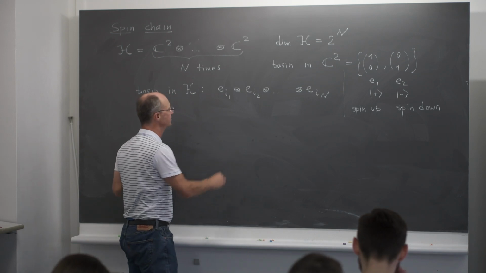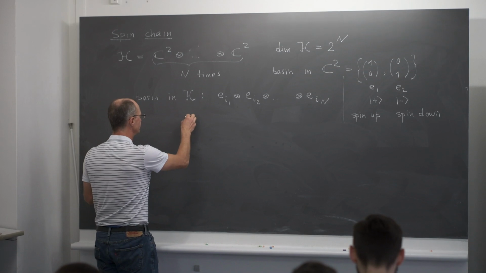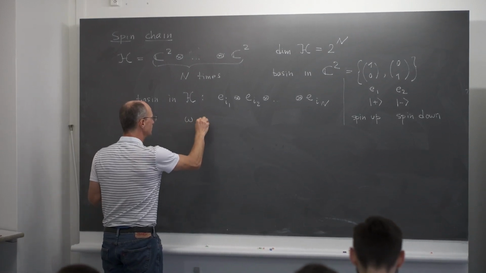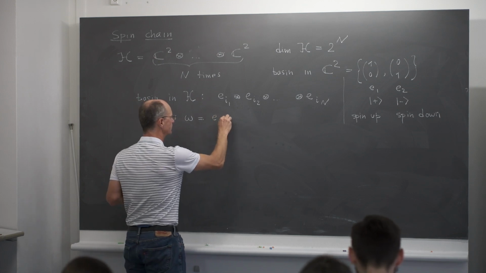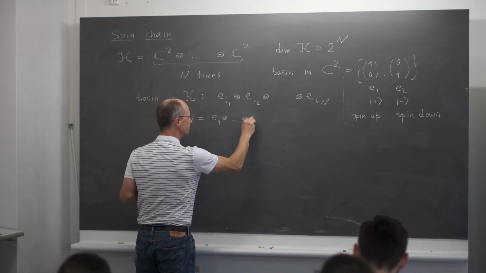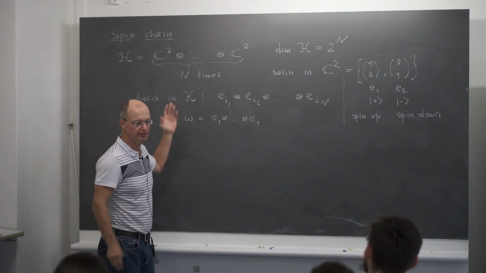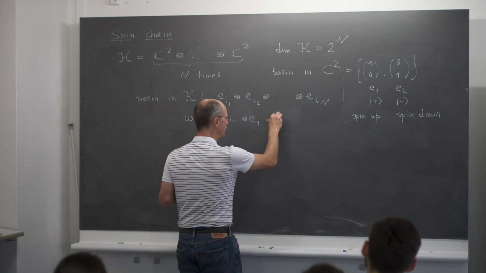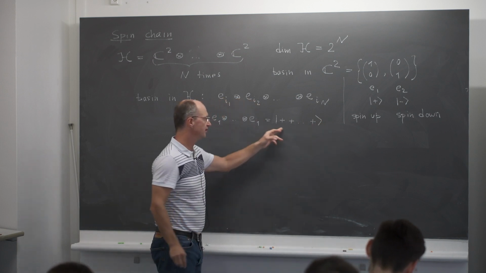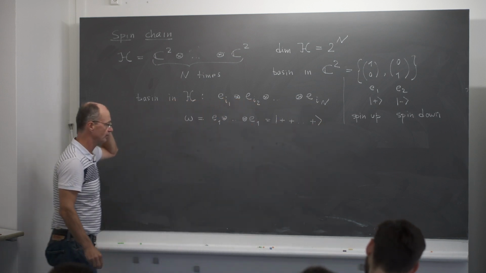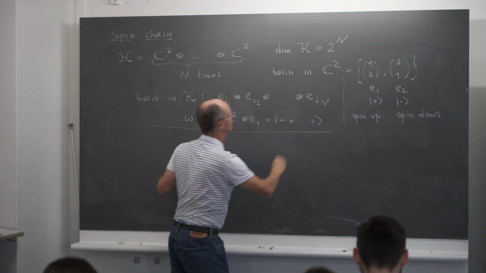So this set is a basis in H. In particular, we'll be using a lot the following vector. This is just a product of E1s, or you can choose E2, any of them. In the physics notation, this will be plus, plus, plus, plus, plus. We'll see that it's kind of nice to use this vector from time to time.